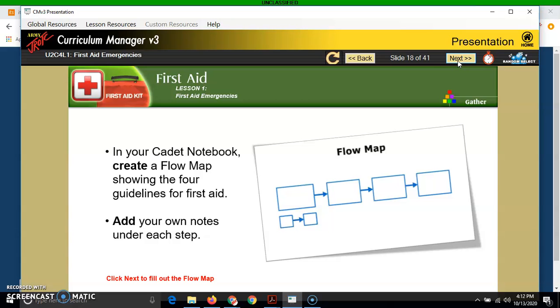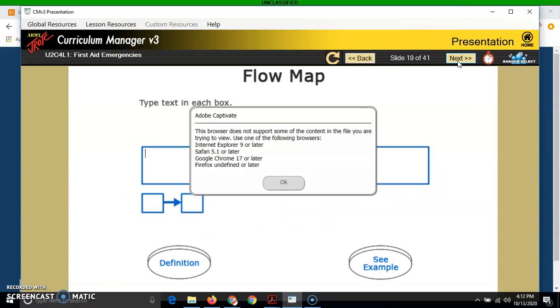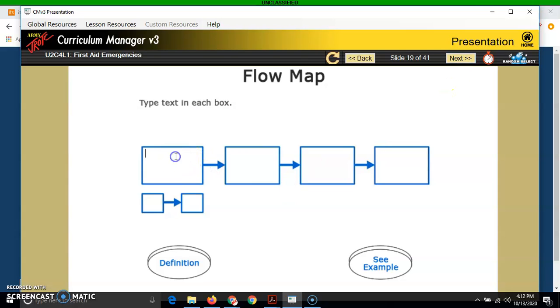Okay, you should have also created a flow map on the 4 guidelines for first aid. You didn't have to do that, but you all should know that that whole process of how we go through is you need to be recognizing the signs of an emergency.